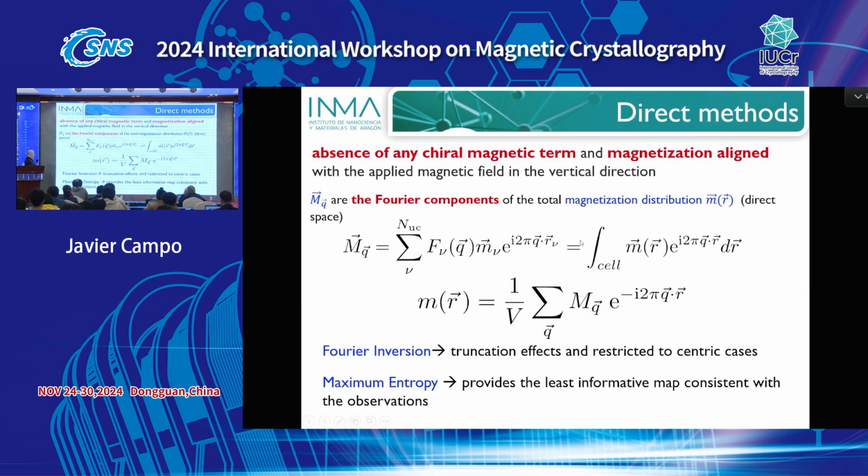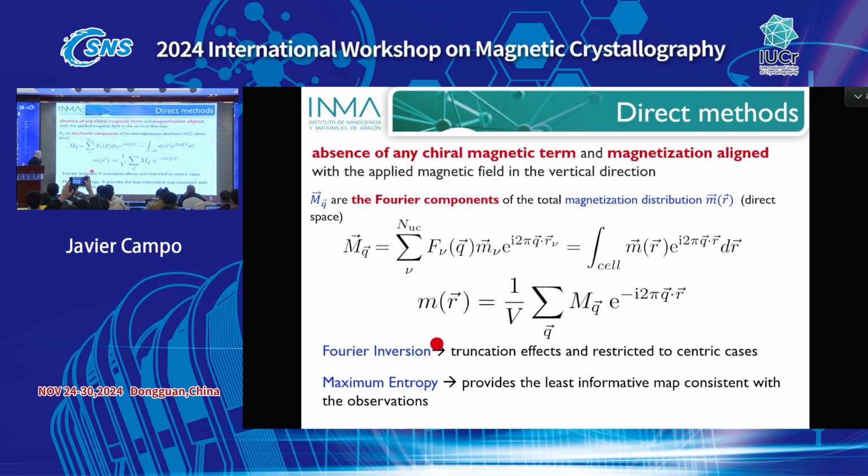Then, with the flipping ratio method, we can arrive here. If we know precisely the nuclear structure factor, we can determine this one. And we can determine it directly by using direct methods, for example Fourier inversion or maximum entropy.